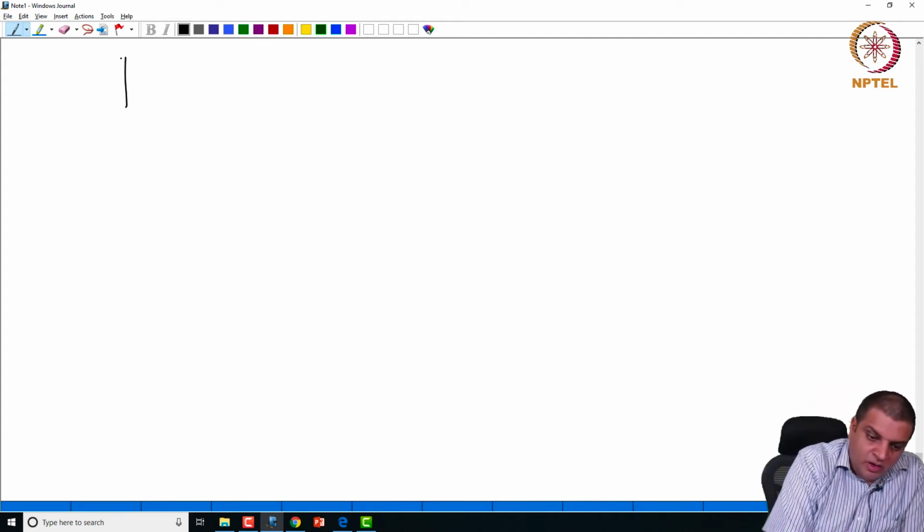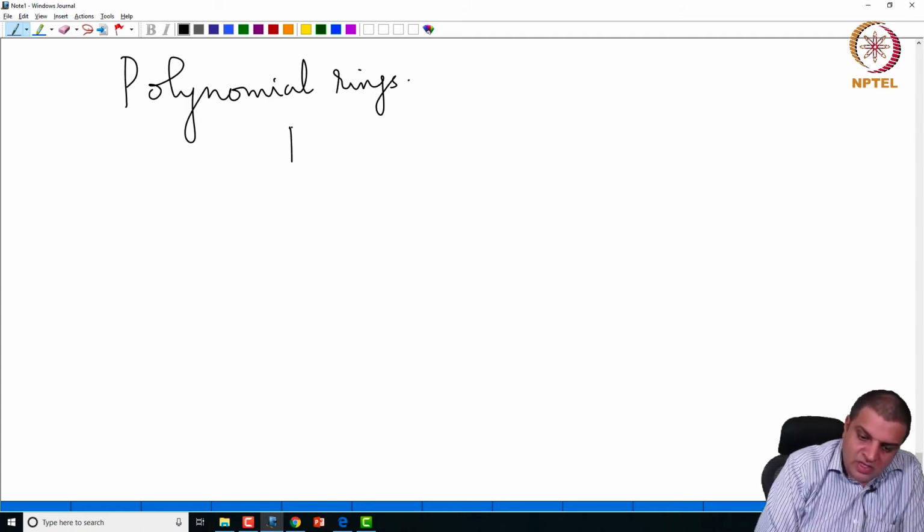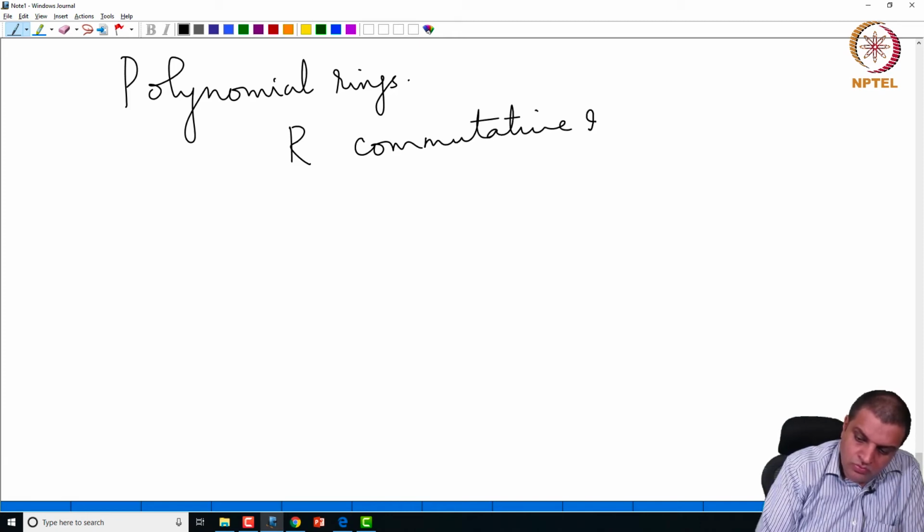These are called polynomial rings. So we start with a commutative ring R, and we can take some variables, let's say x1 through xn.